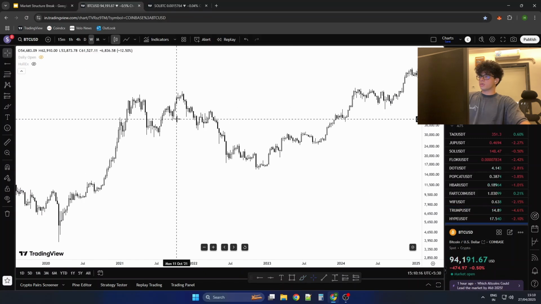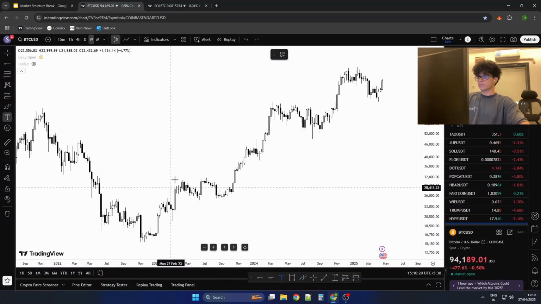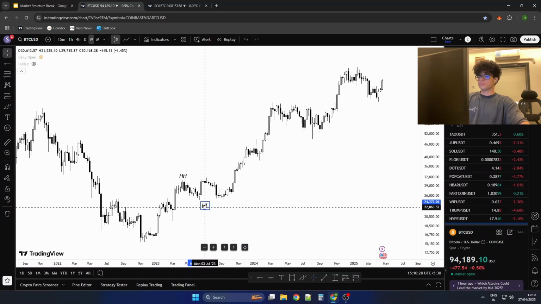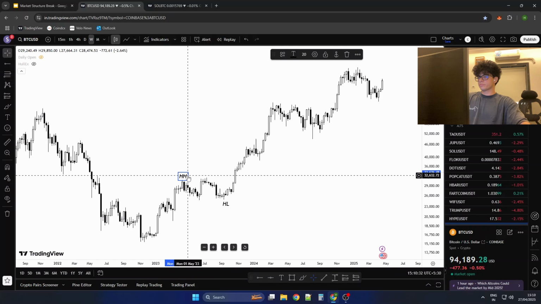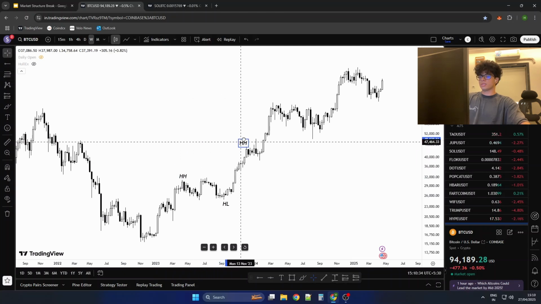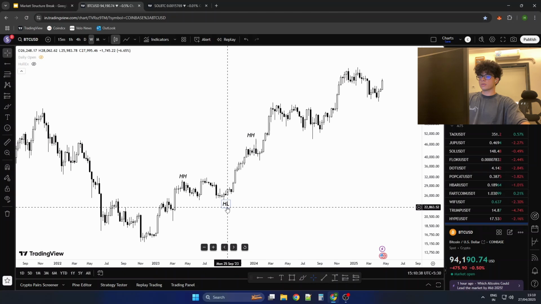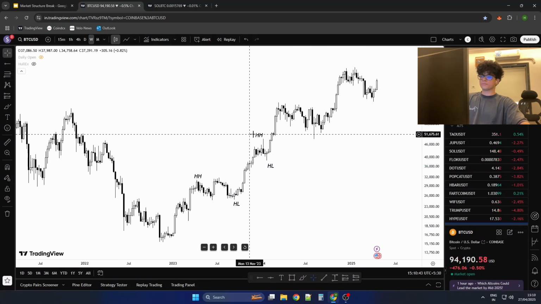So the opposite here. Here the market is making higher highs and higher lows. I'm just counting this as one so that it's easy to understand. So higher high, this wick, higher low, this wick.